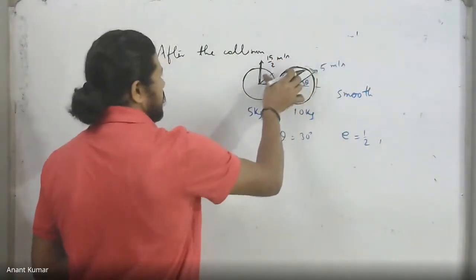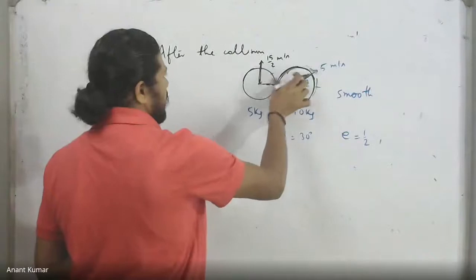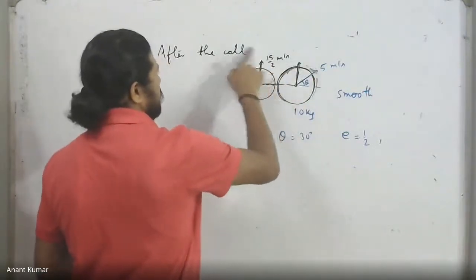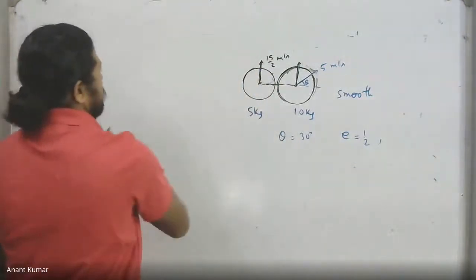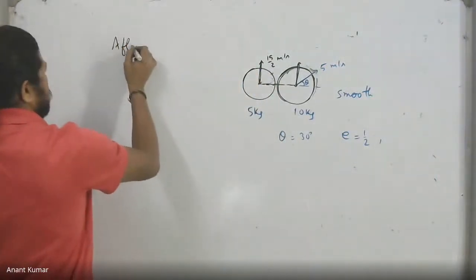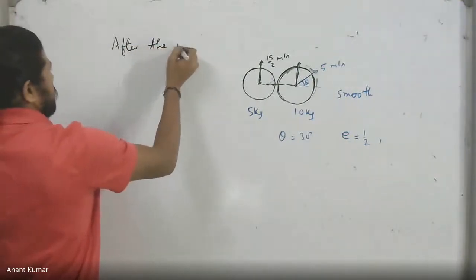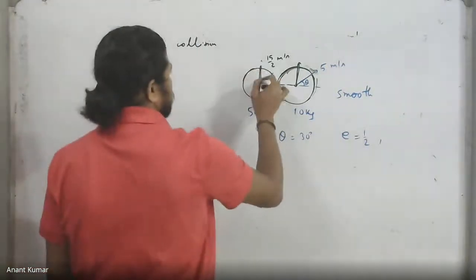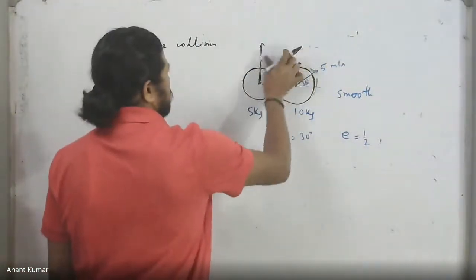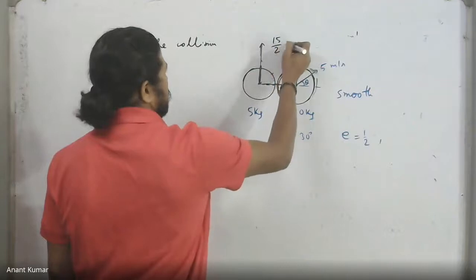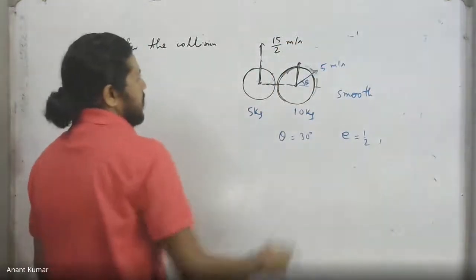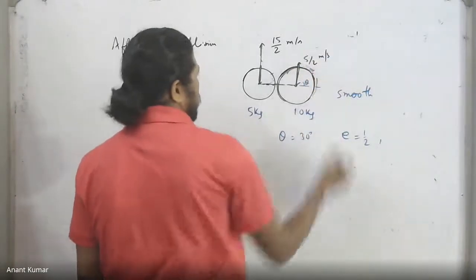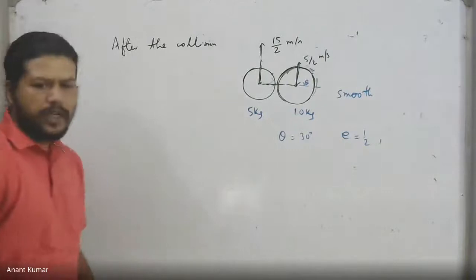And this will be 5 by 2 meter per second. They are remaining conserved because in that direction there is no friction.